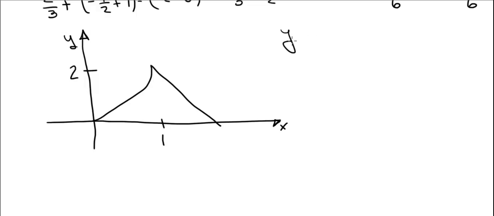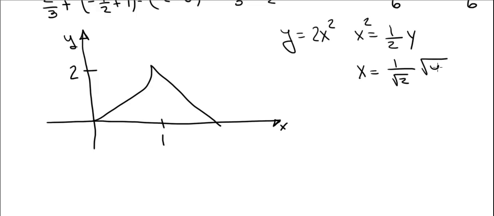Let's take the parabola and solve it for x. x squared equals y over 2, so x equals 1 over square root of 2 times the square root of y. The reason we take the positive square root is because we're in the first quadrant. So the left portion of this is x equals 1 over square root of 2 times the square root of y.